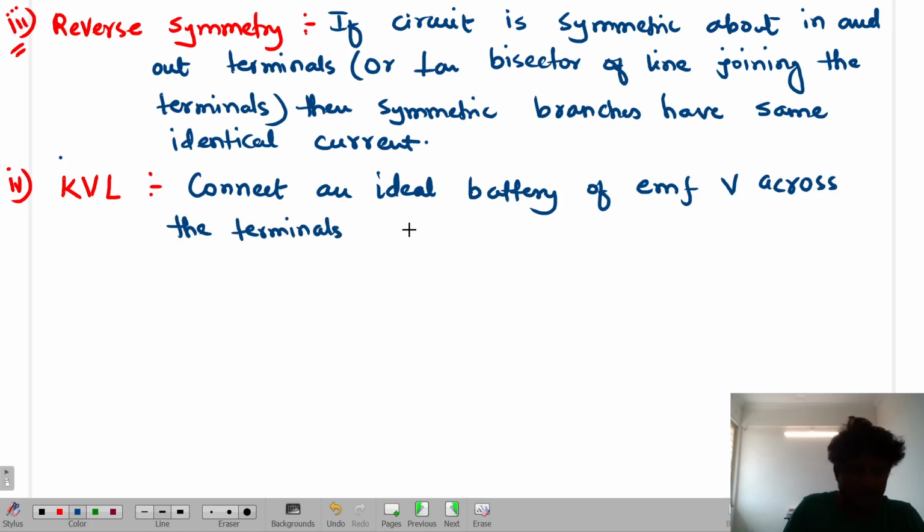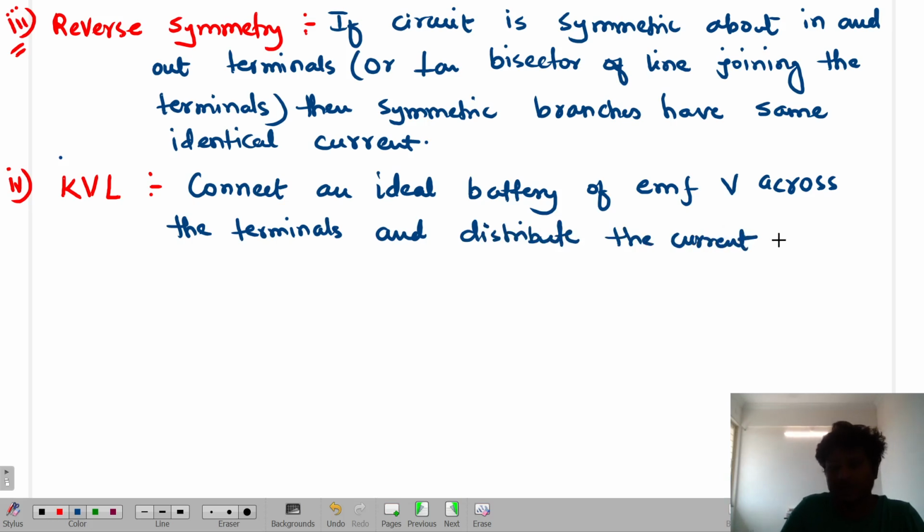So connect an ideal battery of EMF V across the terminals and distribute the currents in the branches. The question which you sent me of the cube is solved using this method, that NCERT question of the cube.